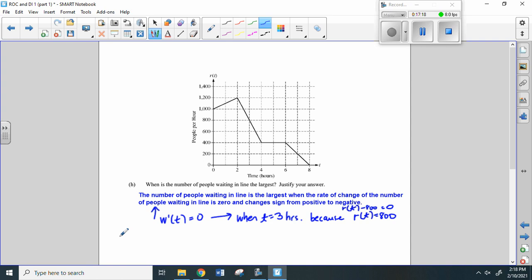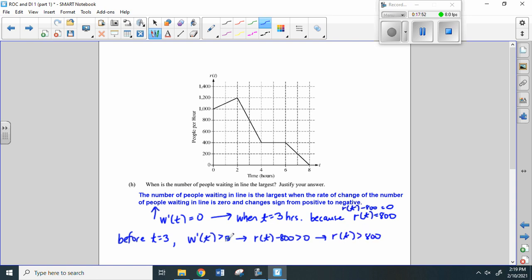So before t equals 3, how would I prove that w prime is positive? Okay, so let's see. W prime being positive would imply that r of t minus 800 is in fact positive, which would imply that r of t is greater than 800.